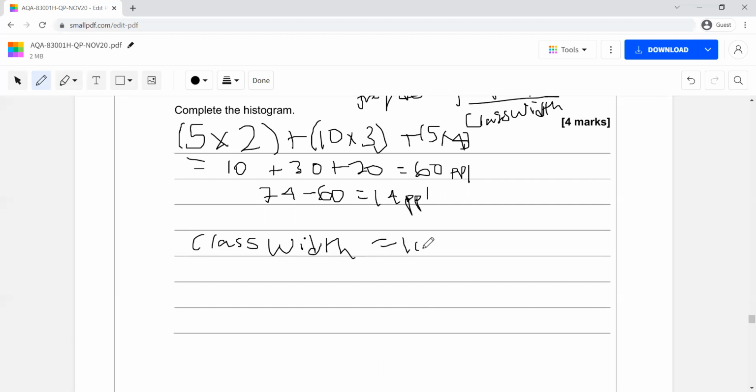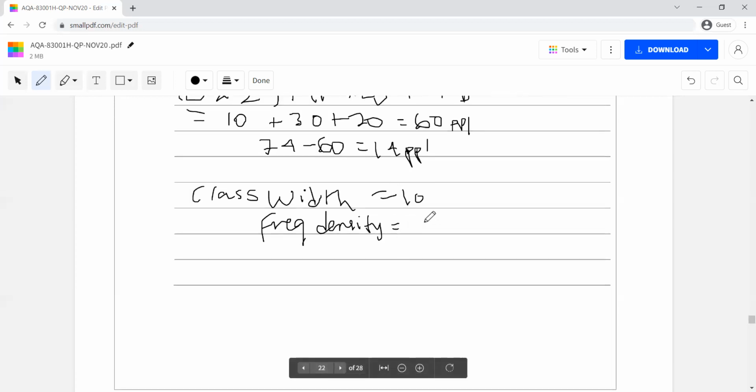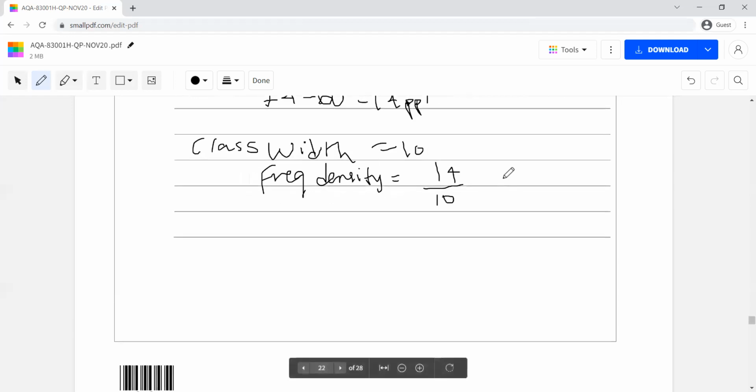So our frequency density is given by the formula shown above, the frequency over the class width. So we know the frequency is 14 because there are 14 people, and class width is 10 because it's between 170 and 180. So our frequency density is therefore 1.4.